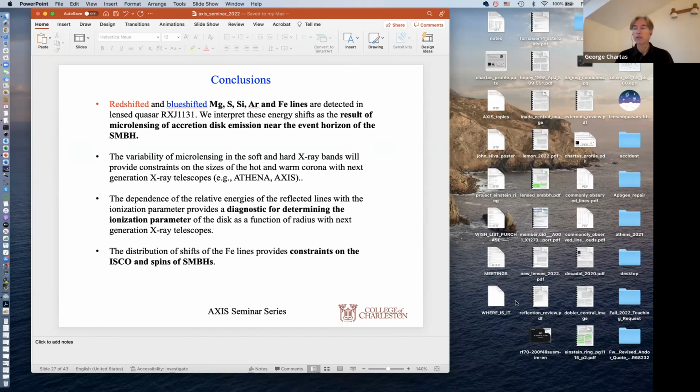Yes, very good question. Each individual line is only detected to about 90%, but as a whole, we ran Monte Carlo simulations, including the lines and not including, so all the cases that we've considered, the significance of all the lines together is greater than 99%.